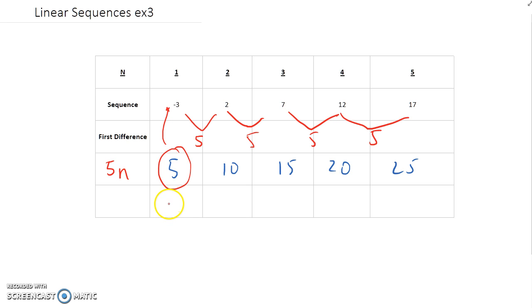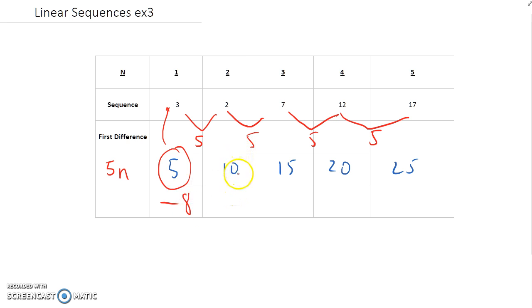I do apologize guys, what I'm trying to say here is we need to work out the difference between minus 3 and 5. So how do we make 5 turn into minus 3? We have to take away 8.